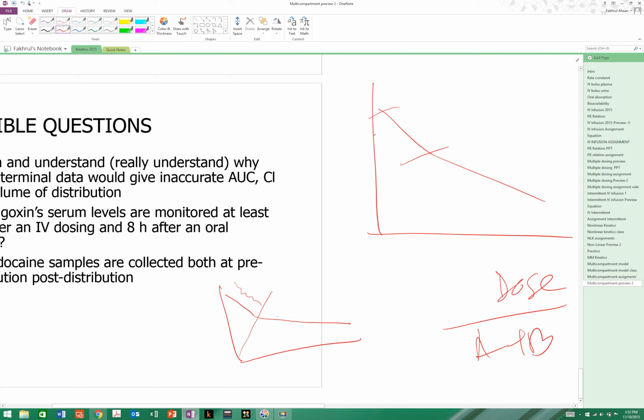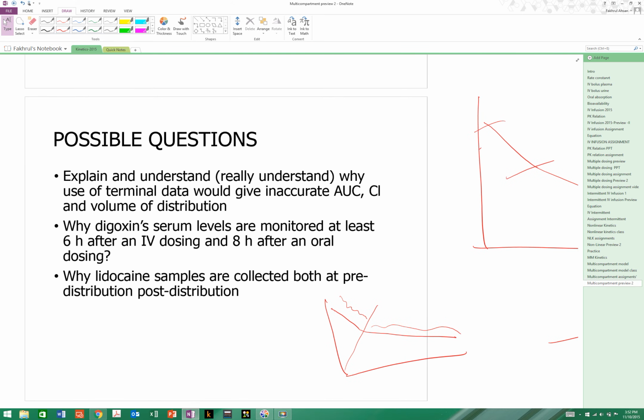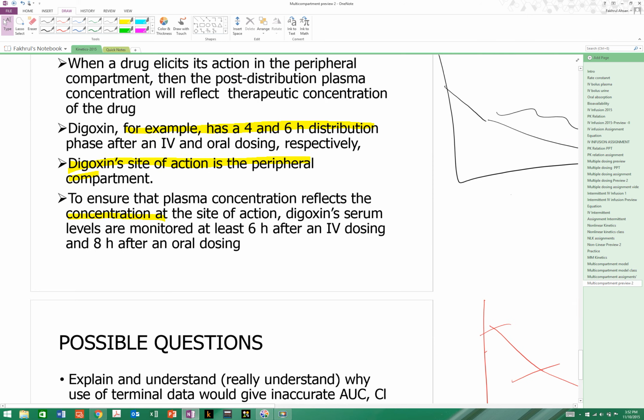So for this reason, when distribution equilibrium arrives, you have to take the sample during this time. But lidocaine samples are collected both pre and post, because lidocaine's therapeutic efficacy depends on plasma concentration. So that's why you have to take pre and post.